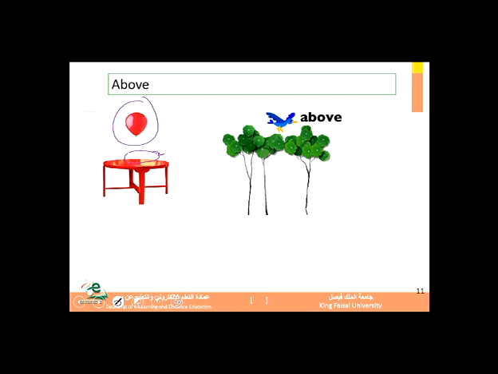The bird is above the trees, which means the bird is not really touching the trees, and the balloon is not really touching the table. You can always draw this line. So the bird is not really touching the trees, so this bird is above the trees.